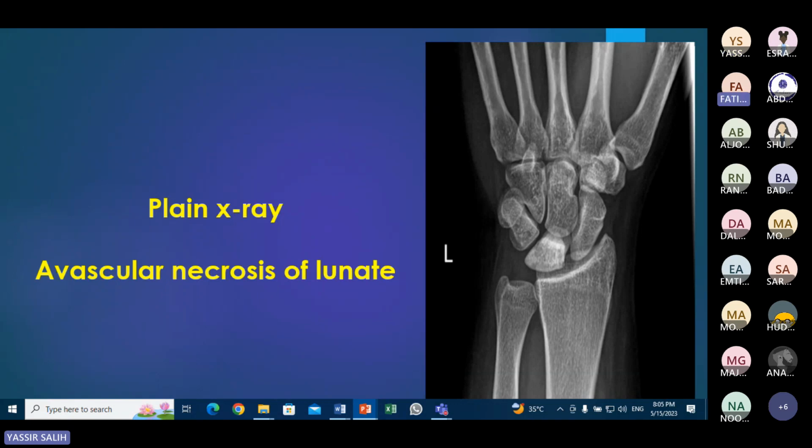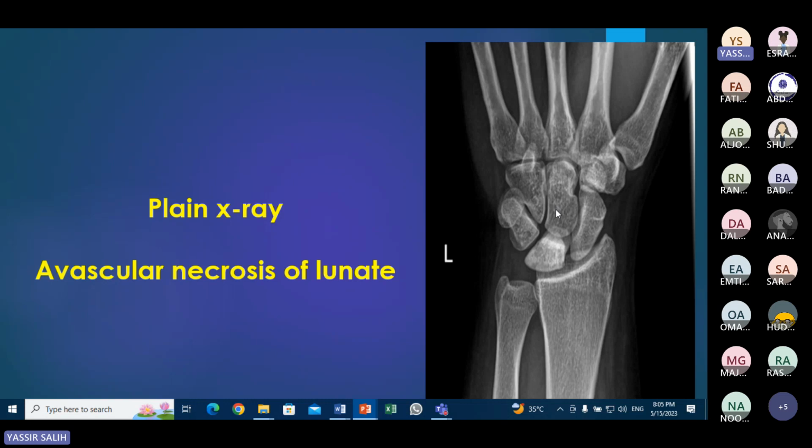Which one has decreased density? Decrease means it becomes black. This one is bright, but compared to the normal others, the density of this one has increased, so it is more bright. If it decreased it would be black.